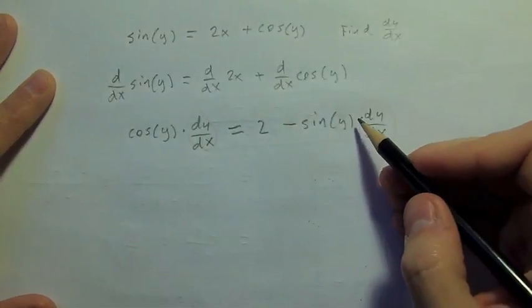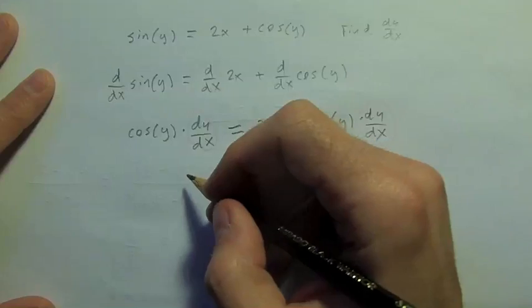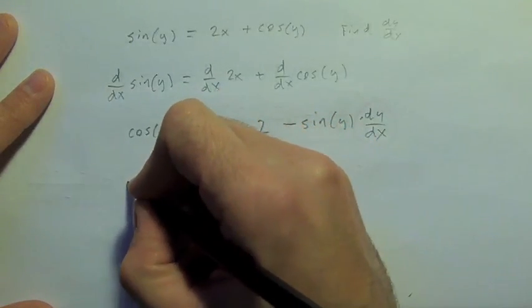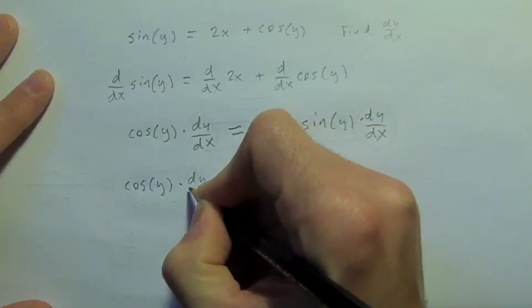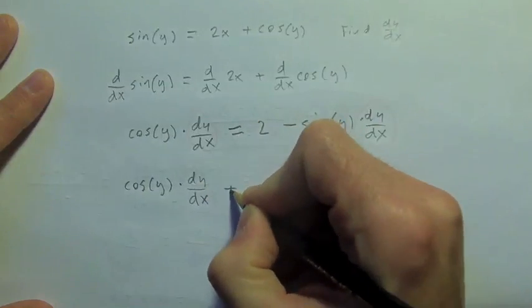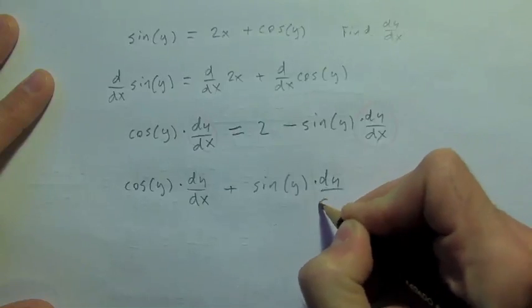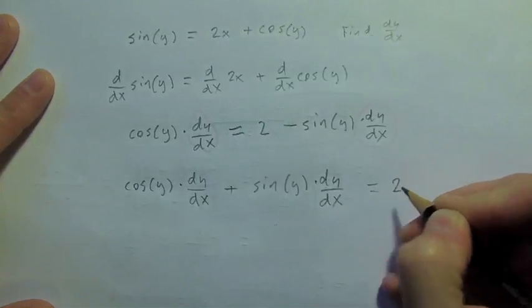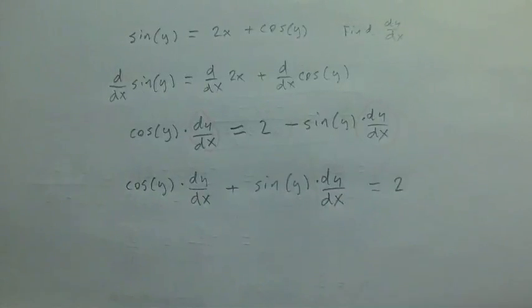So I like to move this guy over here just because that will be one less step. Right? So it will be cosine of y times dy over dx plus sine y times dy over dx is equal to 2. Then what should I do? Okay, I can't hear you, but you can go ahead and tell me.